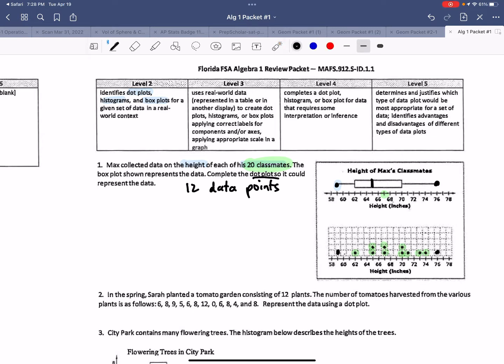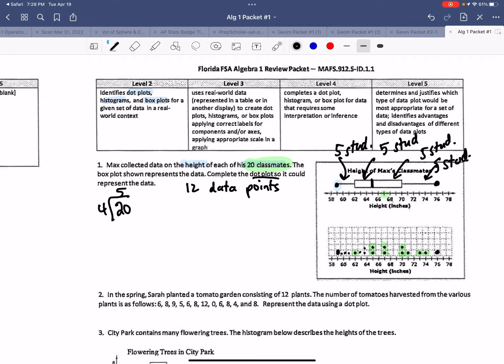So I don't want to dig into the question, but it's probably something like this. A quarter of our data has to be here. So 20 divided by 4 is 5, meaning 5 students have to be between that range, 5 between this range, 5 between this range, and 5 between that range.